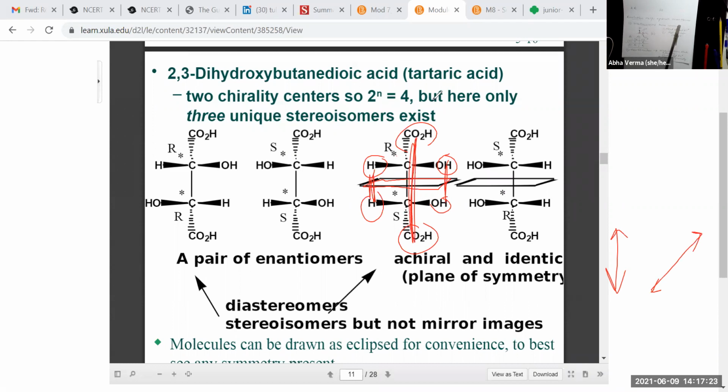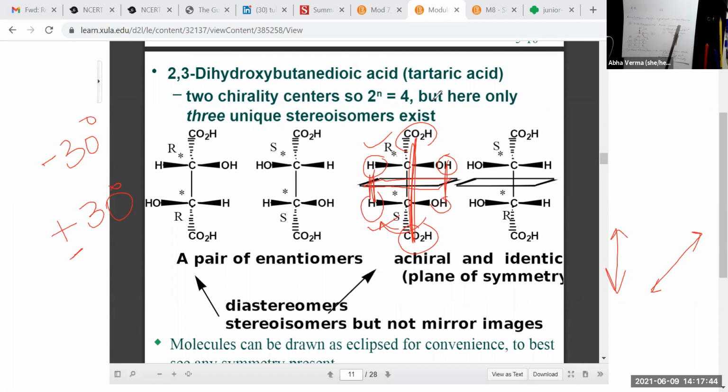So they are acting like 2 different enantiomers within the same molecule. So if one rotates the light to minus 30 degrees, the S enantiomer will rotate the light to the same extent but in the opposite direction. Remember, that's what enantiomers do.